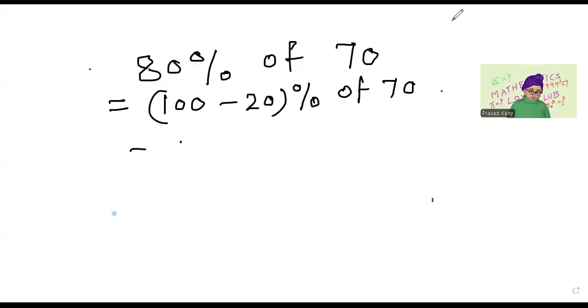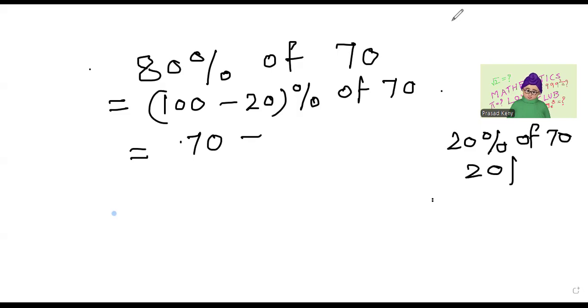When I open the bracket, I get 100% of 70, that is 70, because 100% of any number is the same number, and 20% of 70, that is 2 times 7, cancelling zeros.